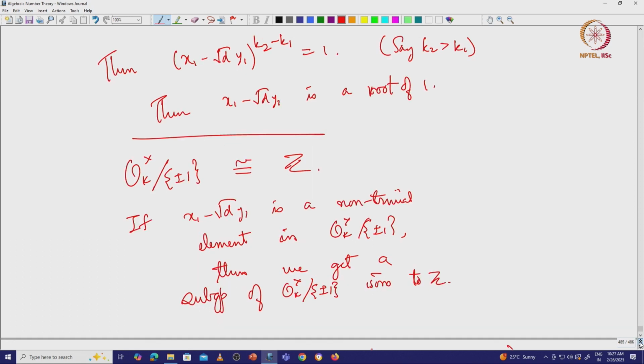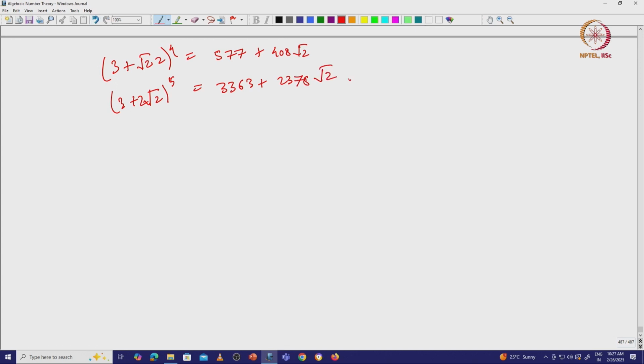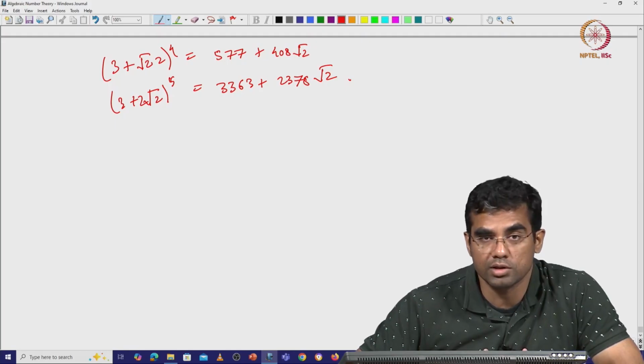And as I said, you can keep going and you can in fact generate very large solutions this way. 3 plus 2 square root of 2 to the 4 is 577 plus 408 square root of 2, and 3 plus 2 square root of 2 to the 5 is 3363 plus 2378 square root of 2. So, two things to notice. Of course, you are getting different solutions at each stage, but also these coefficients are getting much larger, right.